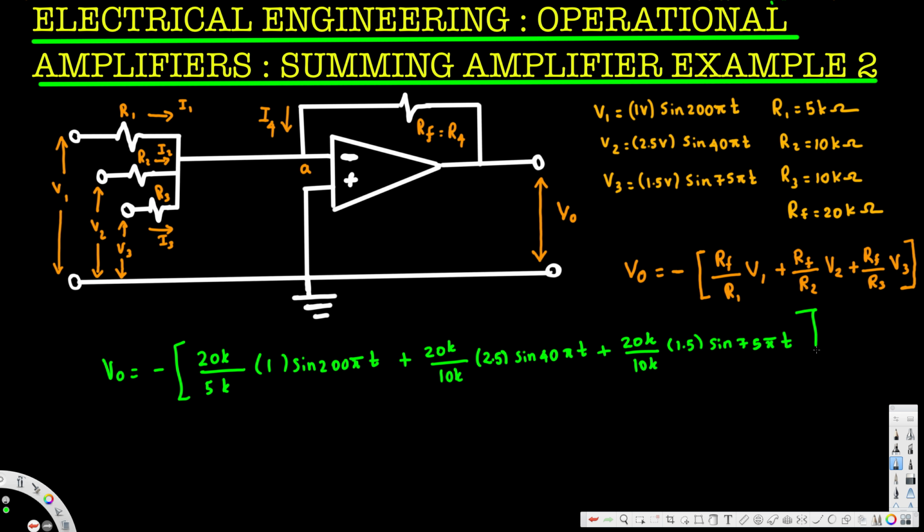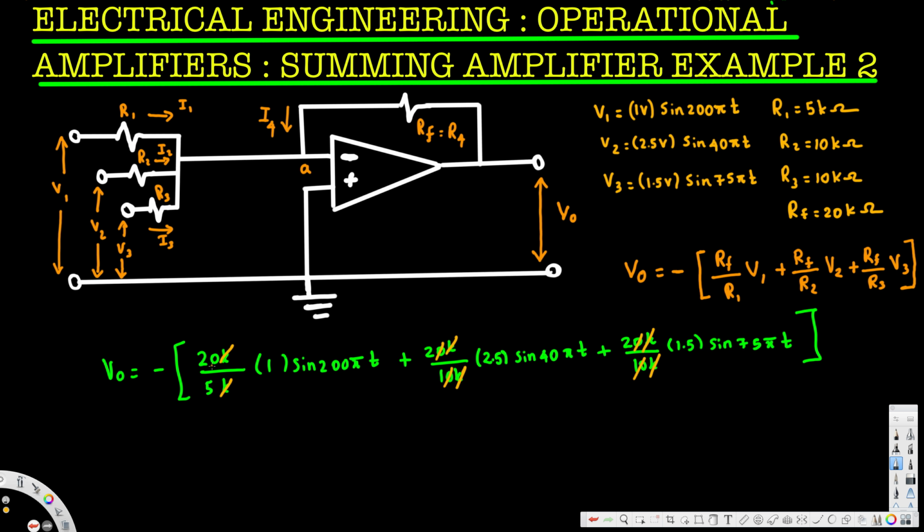Now let's simplify this one. K cancels in all of them, and also we can cancel these zeros.